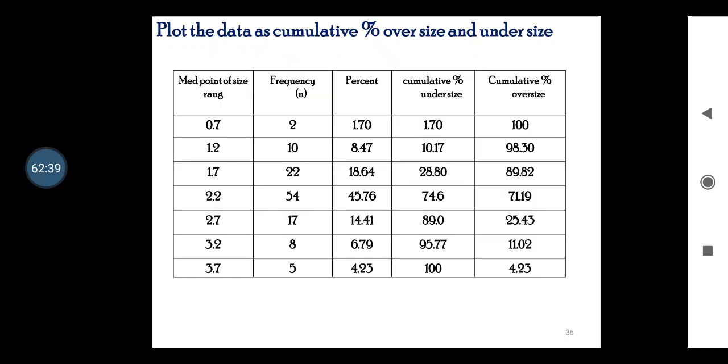I have cited some examples here. These are only numbers which I have referred from some other presentation as well, which give you the idea of how one can plot the graph of cumulative frequency or percentage cumulative of the particle size.